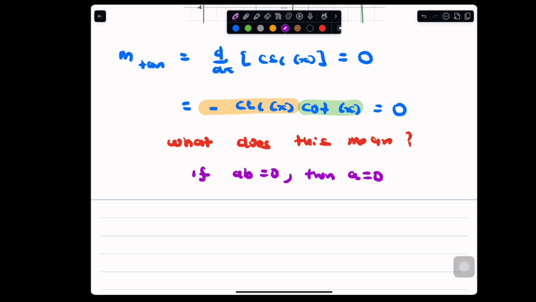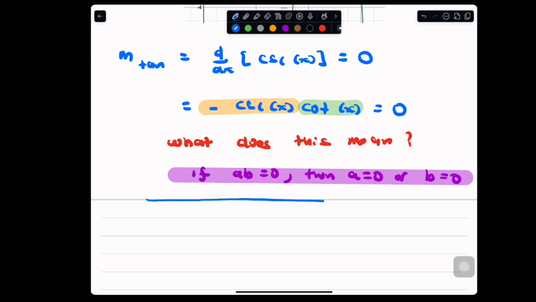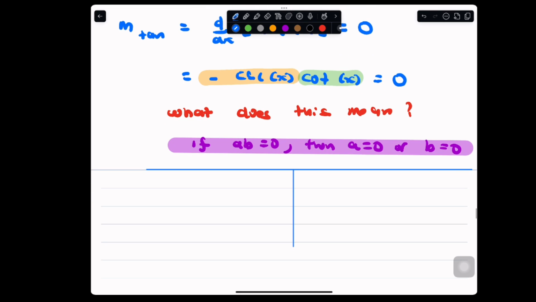Then a is 0 or b is 0, yes, the zero product rule. It's called the zero product rule from beginning algebra, so it shows up a lot in calculus. You're going to see this. So minus cosecant is 0, or cotangent is 0.